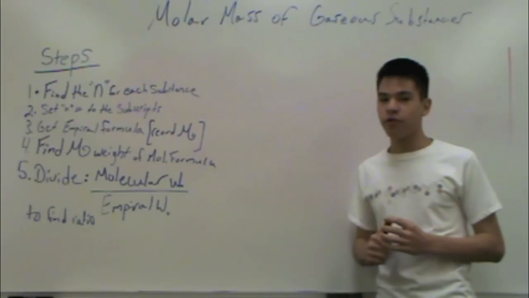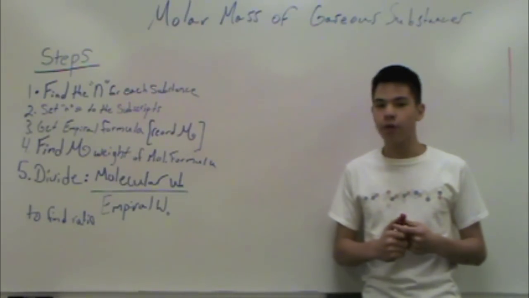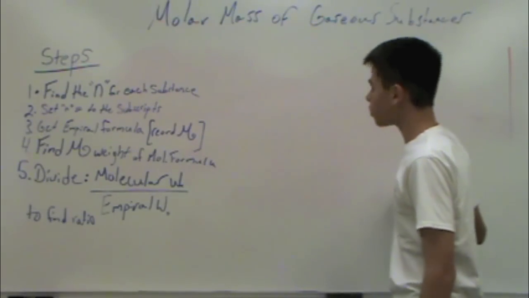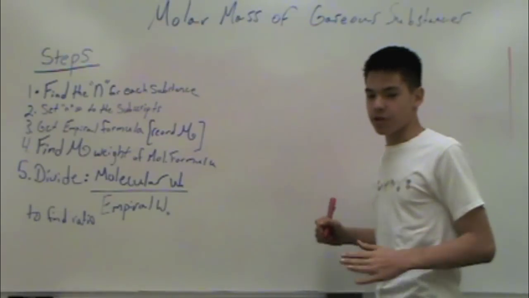When finding the empirical formula, we're going to want to assume that we have 100 grams of this substance. So let's assume that we have 100 grams of our substance.